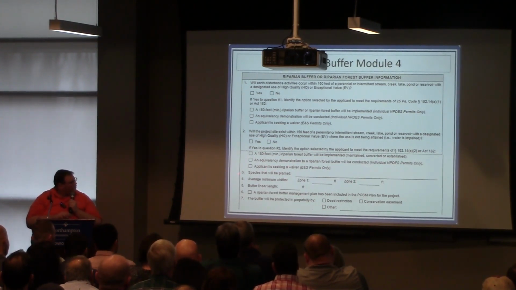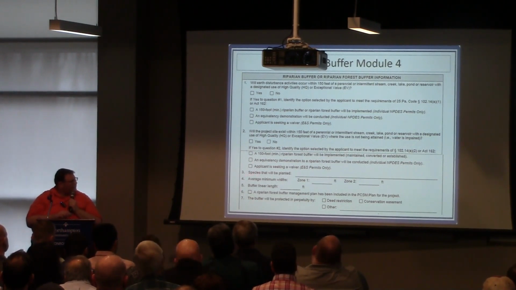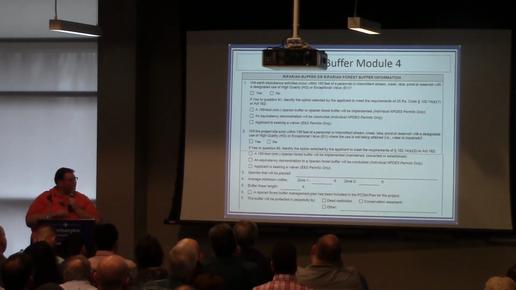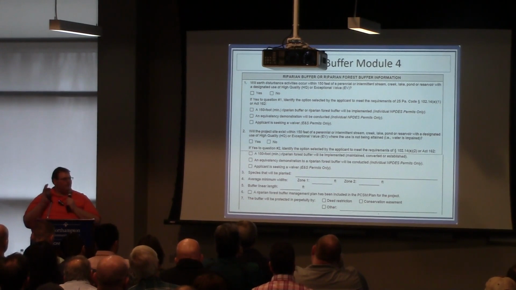And then if you're establishing, it gives you a little bit more information here that you need to fill out and identify the species, average minimum widths, buffer linear lengths, and then whether or not a riparian buffer management plan has been included in the PCSM plan. So if you're providing a buffer, you need to provide the management plan.